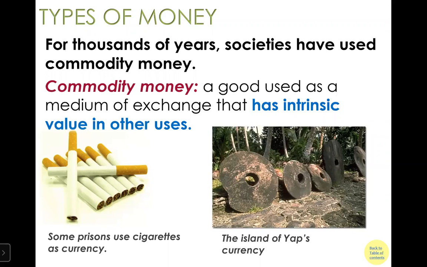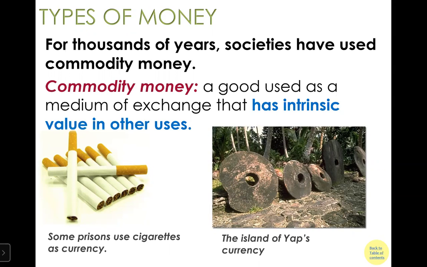The other thing I want to say is that both the cigarette and the stone we saw in this background picture are considered commodity money in the sense that, besides serving the three functions I just explained, they themselves have intrinsic value.